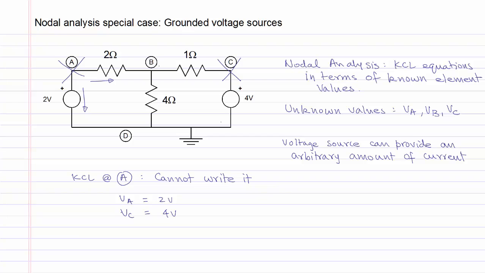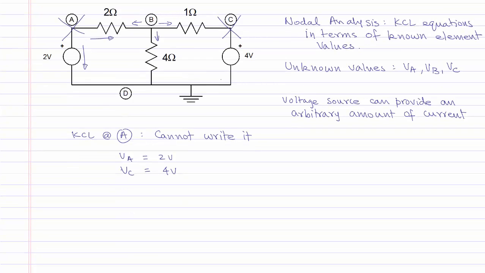We will take that all currents are leaving node B through the 3 resistors in the direction shown, and KCL at node B will give: the current leaving through the 2 ohm resistor will be (VB minus VA) over 2, plus the current leaving through the 4 ohm resistor, VB over 4, plus the current leaving through the 1 ohm resistor, (VB minus VC) over 1. This must be equal to 0 to satisfy KCL.